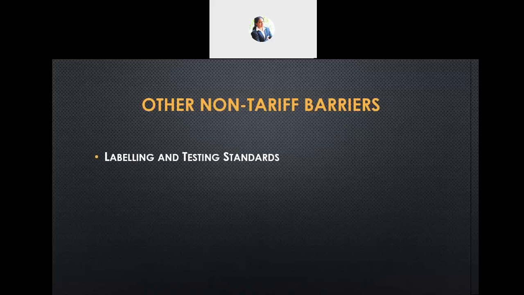Now, these countries require that goods entering into their boundaries should meet certain requirements in terms of packaging, labeling, and also testing standards. Under such circumstances, the economy will allow only sale of those goods which satisfy these standards.